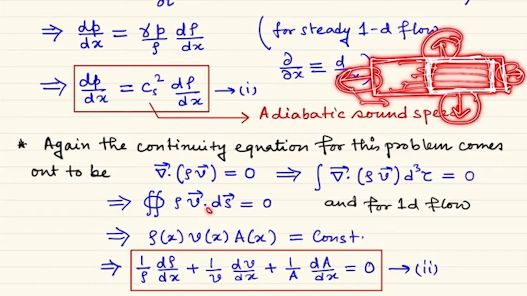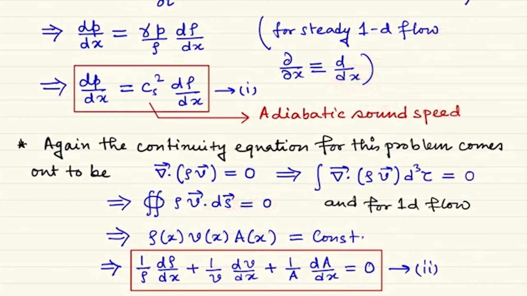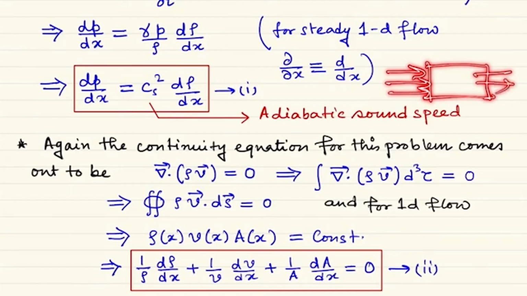So rho v dot a for one surface will be exactly equal and opposite to that of the other surface. That's simply saying that the mass of fluid which is entering through one surface must be going out through the opposite surface.